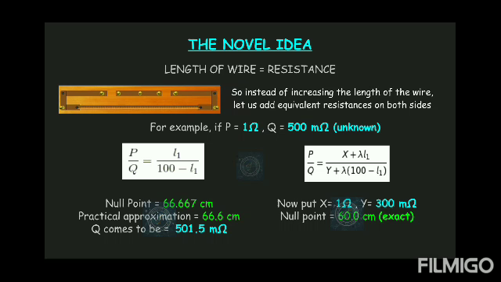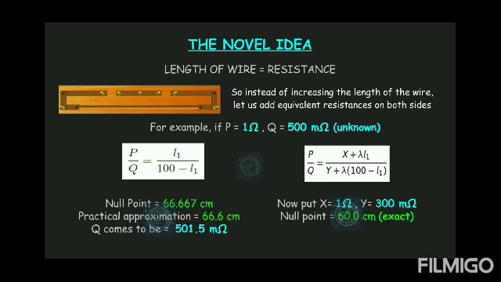So forget theory. When you're going to do this practical, you're putting 1 ohm on the left side, you're putting 500 milliohm, which is Q, which is unknown, on the right side, and then you're putting an X and a Y. Instead of the last practical where you did not put X and Y, in that practical you obtained 501.5 milliohm, as you can see in the left.